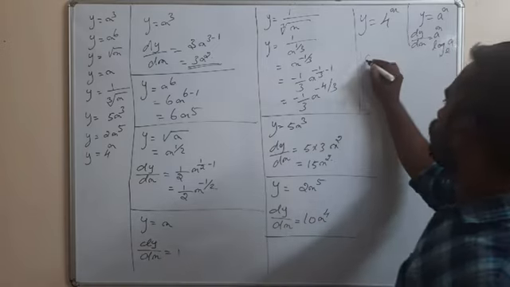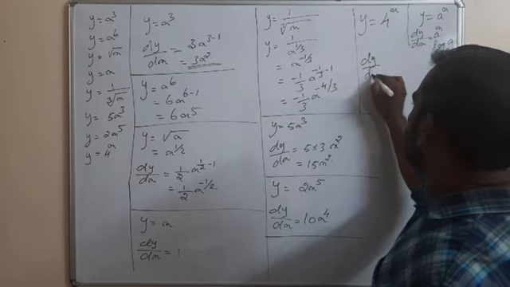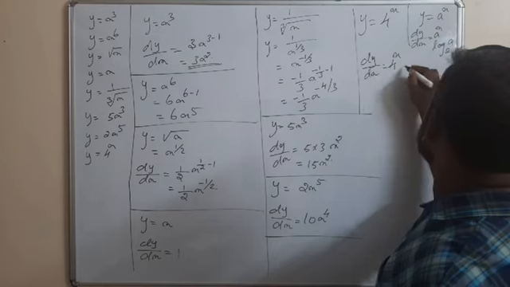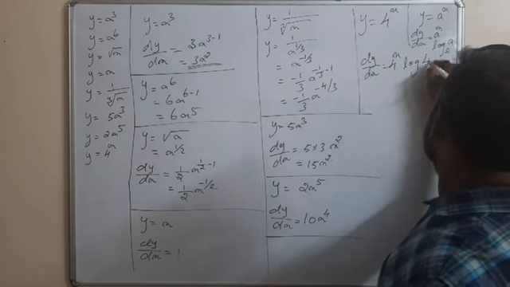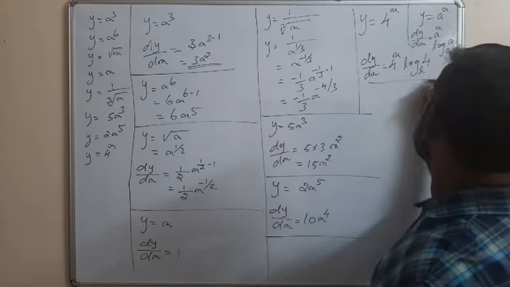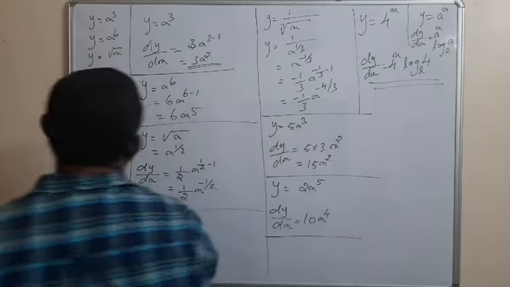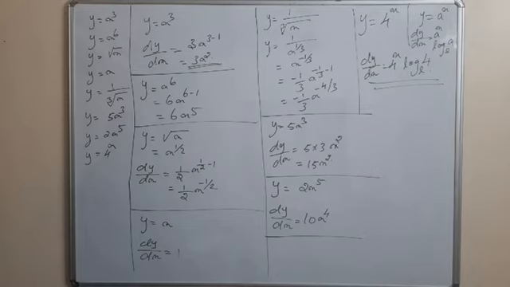So dy by dx equal to 4 power x into log 4 to the base e. So these are the small differentiation sums using the formula y is equal to x power n and y is equal to a power x.